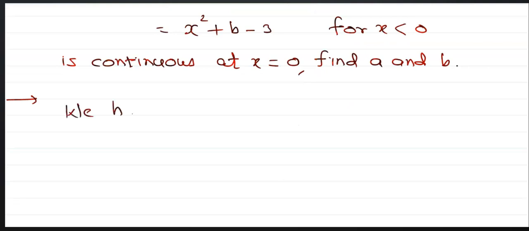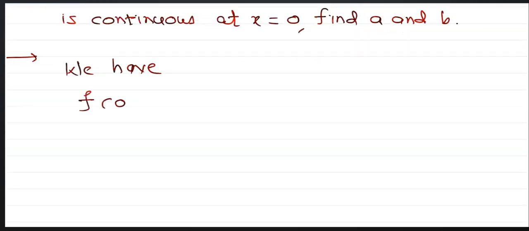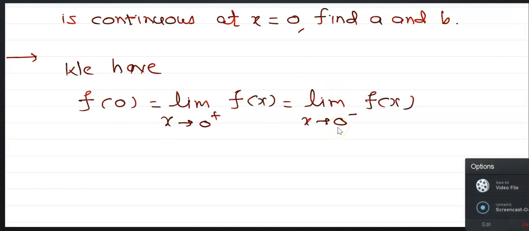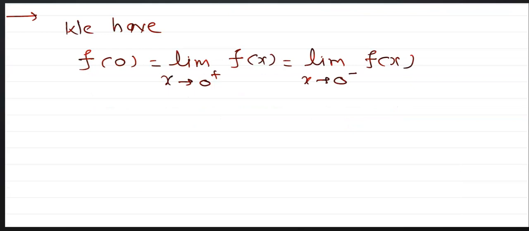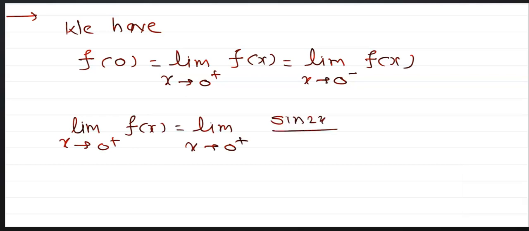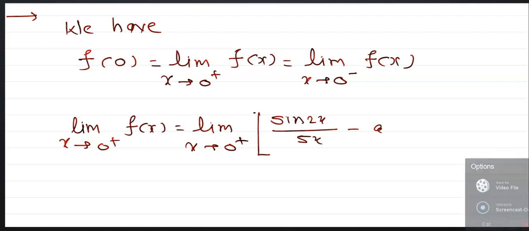Left limit is equal to right limit is equal to the value of the function. Therefore f of 0 is equal to the limit as x tends to 0 plus of f of x, which is equal to the left hand side limit of f of x. First we'll find the right hand side limit, sine of 2x upon 5x minus a.